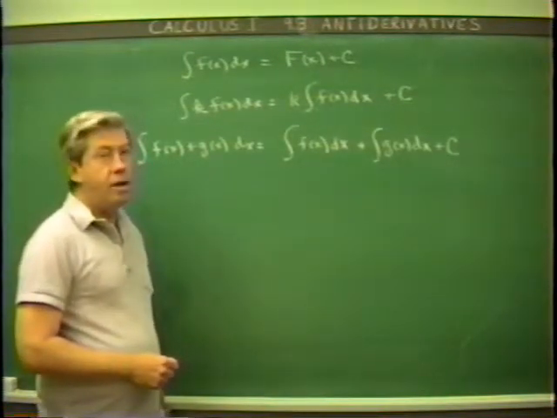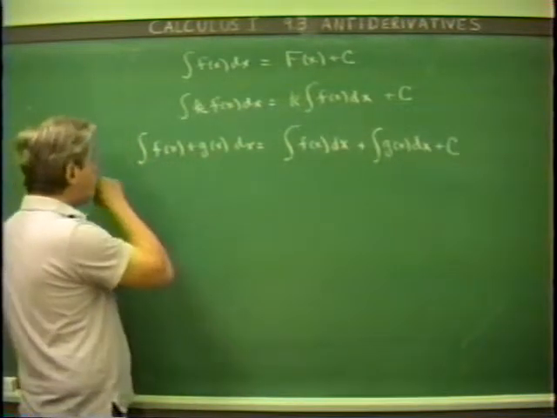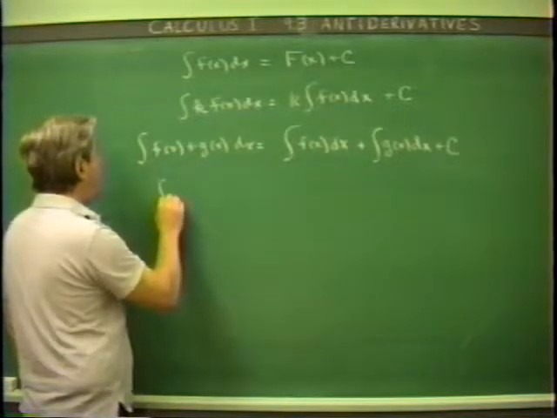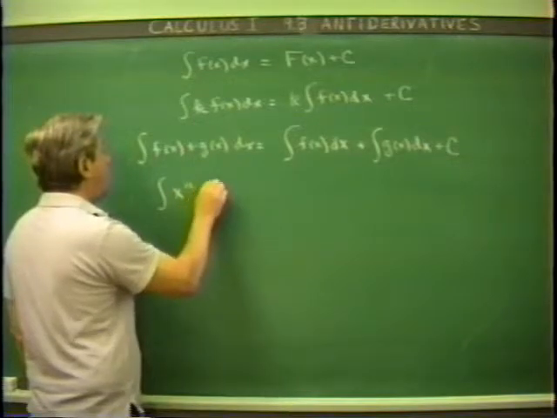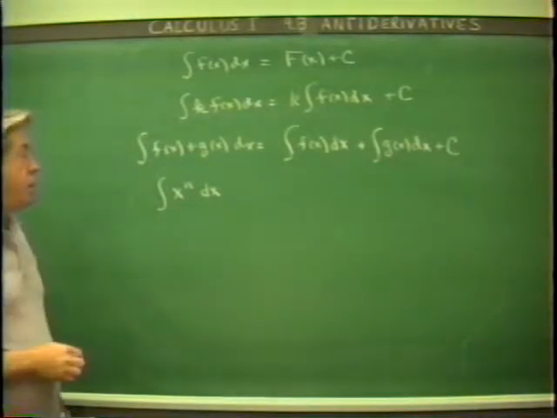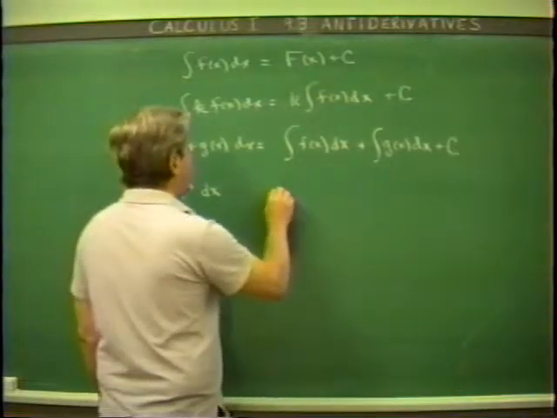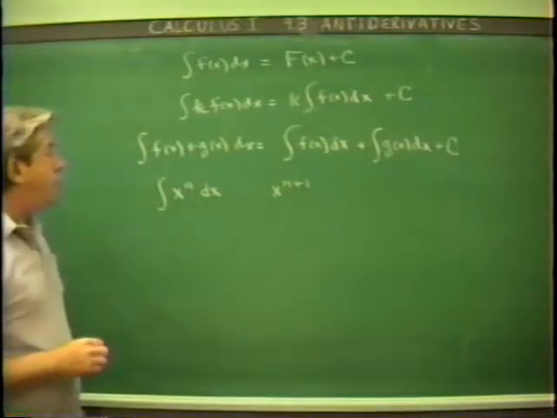Now we're going to want at least to know some basic antiderivatives of functions that we're familiar with. First of all, we're going to want to know the antiderivative of the function x to the nth power with respect to x. A good guess here might be x to the n plus 1, or a reasonable first guess at any rate.